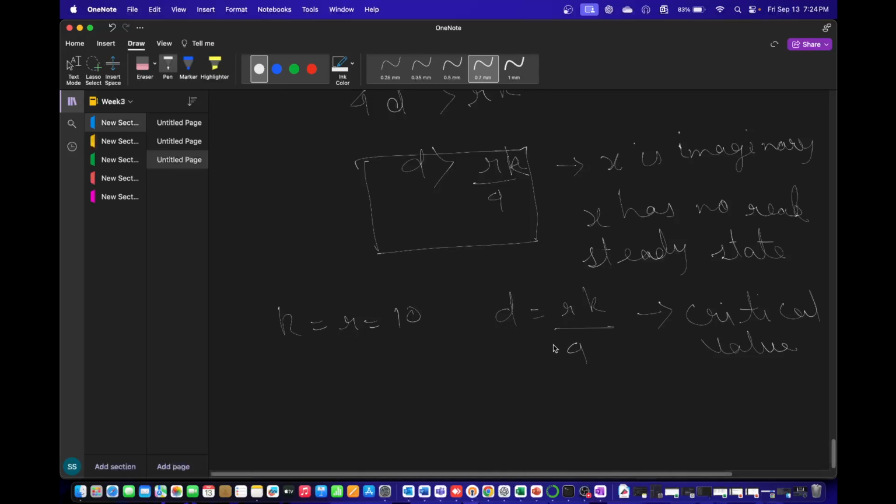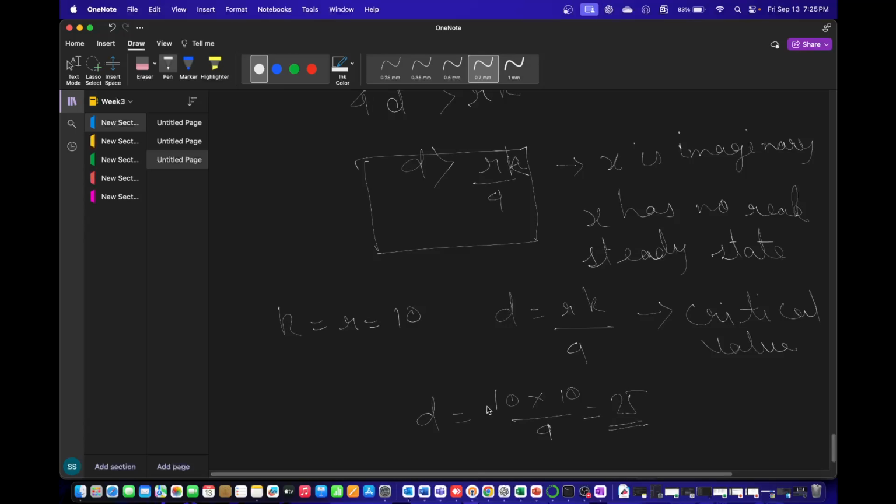So the critical point is rk by 4, on the left of which it is real. When it is equal to rk by 4 or lesser than rk by 4, it is real. When it is greater than rk by 4, it is imaginary. So the critical point is d equal to rk by 4. And r and k are given, so you can just calculate d from there. So 10 into 10 by 4 is equal to 25.